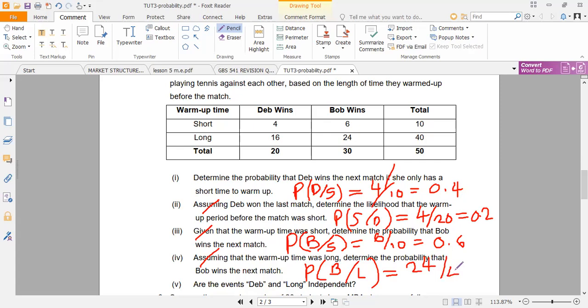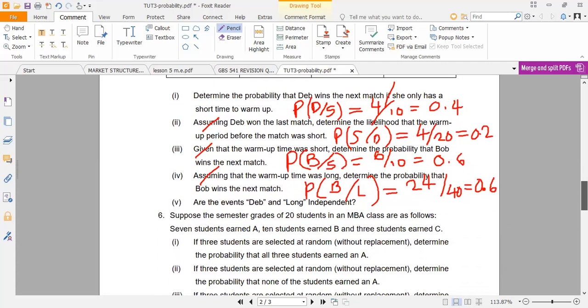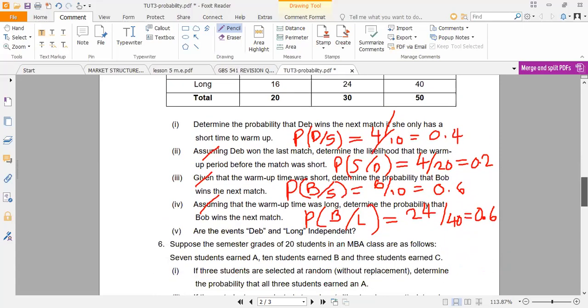We get 0.6. I'll explain independence and mutual exclusivity tomorrow.